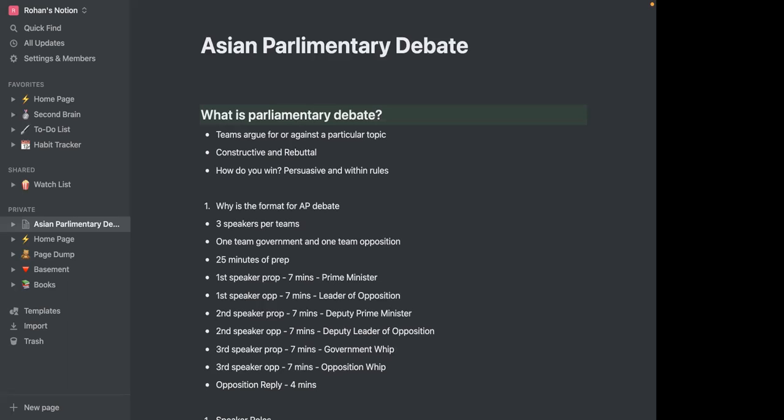For example, you are going to say as opposition reply, hey, government team tried to bring up these 3 major points in the debate, but we've already shown you why all these 3 points are not possible. For example, our third speaker at opposition already rebutted this point by showing how point number 1 is not possible and how point number 2 is actually bad for everyone, which means that everything that the government side has been telling you till now is useless.